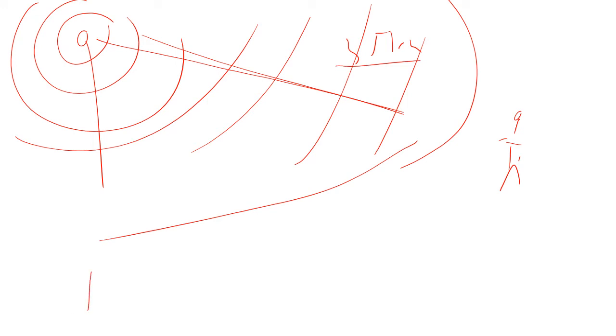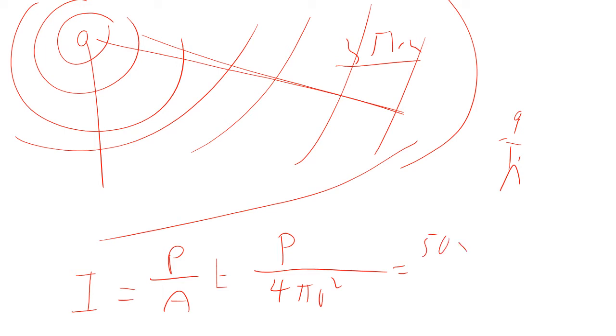Well, we know from physics 1, intensity is power over area. So this would be equal to power divided by 4 pi r squared. So that would be the 50 kilowatts, so 50 times 10 to the 3 watts divided by 4 pi times (35 times 10 to the 3 meters) squared.